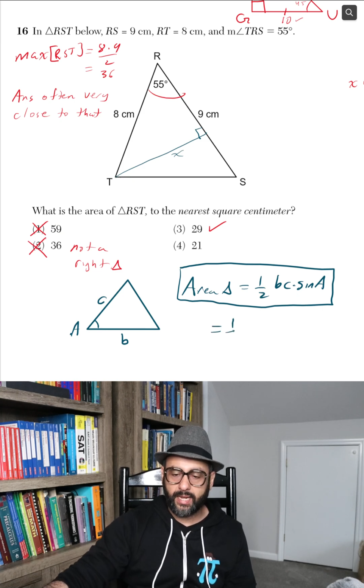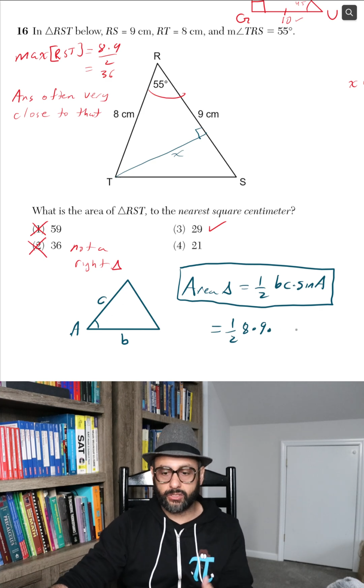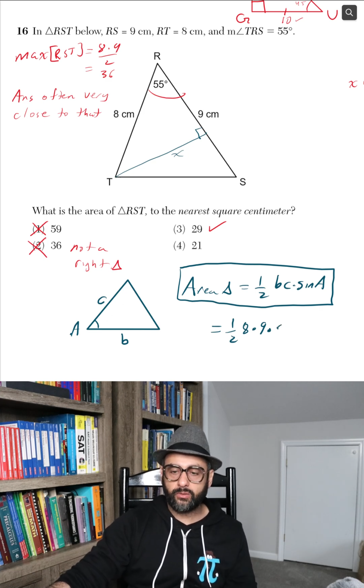So that's equal to 1/2 the lengths of the two sides, 8 times 9, times the correction factor, which is the sine of the included angle, sine of R, sine of 55. Okay?